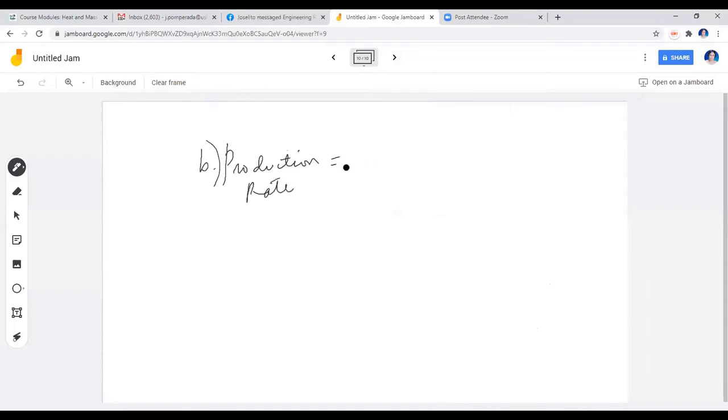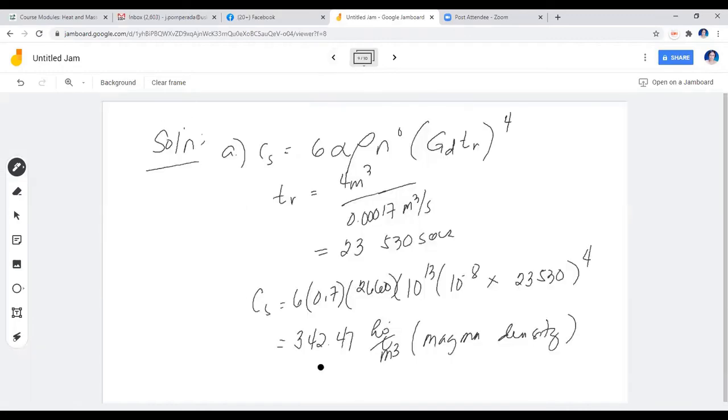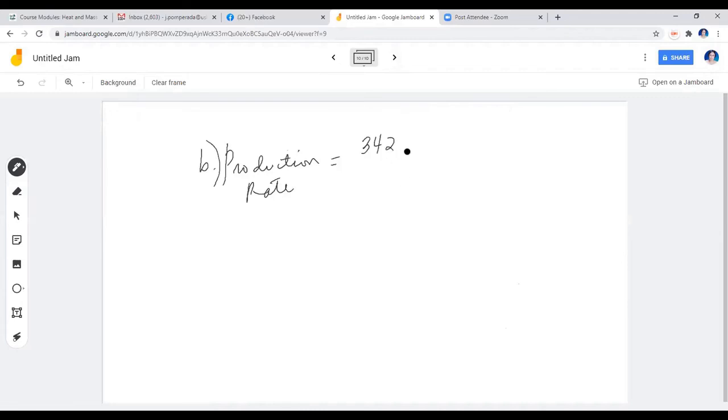And since, as I've said, the crystals that we are producing are dependent on the solid content of our magma, I'll be using the amount we solved in the previous step, which is 342.47 kilograms per cubic meter.